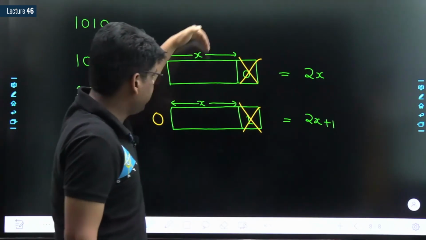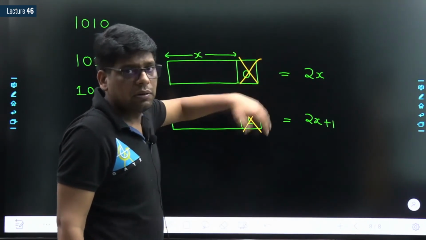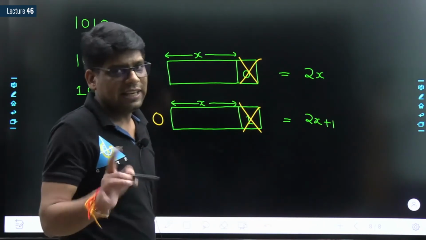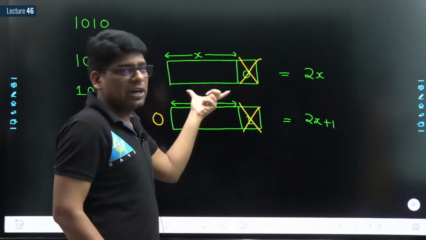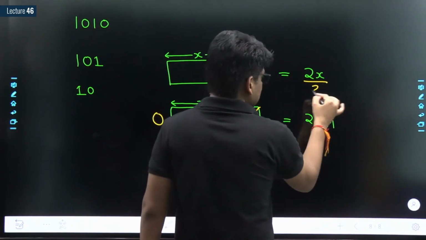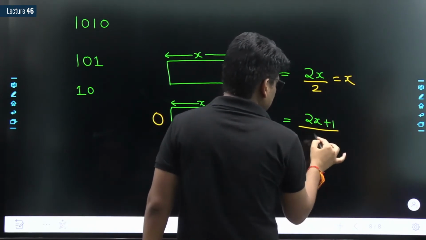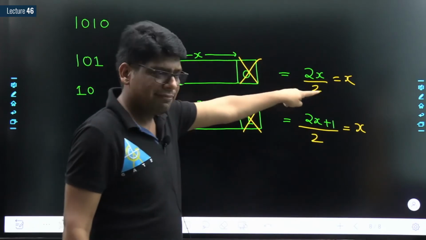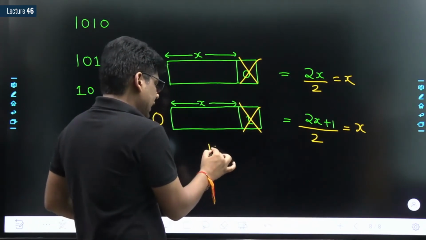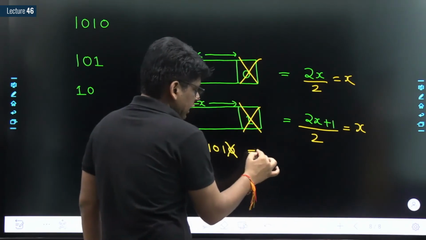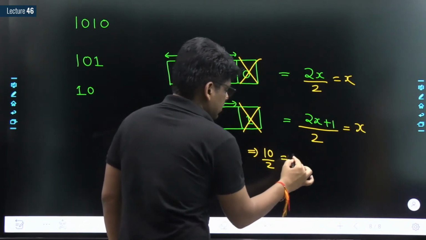If the rightmost bit is deleted, what is the new value? The previous value was x. If it is 2x, the value is still x. If it is 2x plus 1, the value is still x. So if it is even, like 10, that is 1010, the value becomes 10 by 2, that is 5.